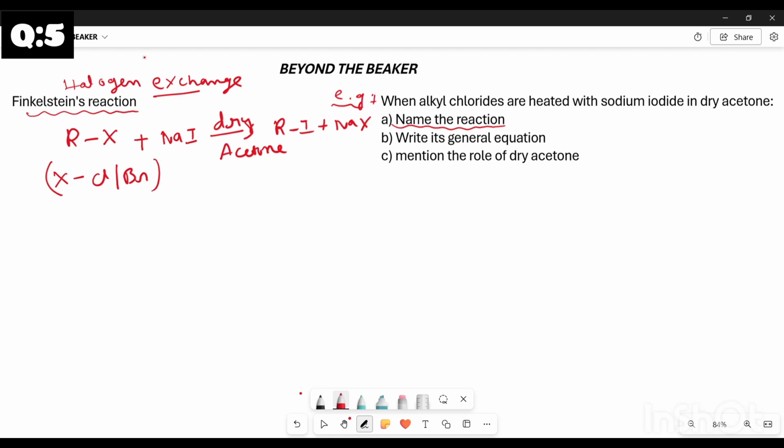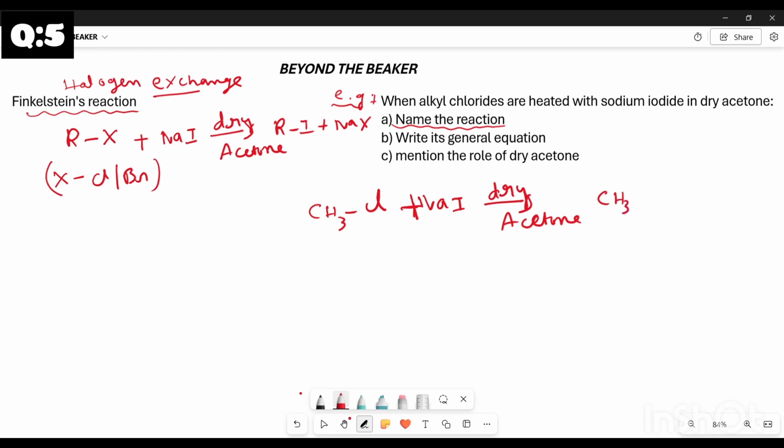I take one alkyl chloride, CH3Cl, chloromethane or methyl chloride. When heated with sodium iodide in the presence of dry acetone, exchange of halogen takes place.